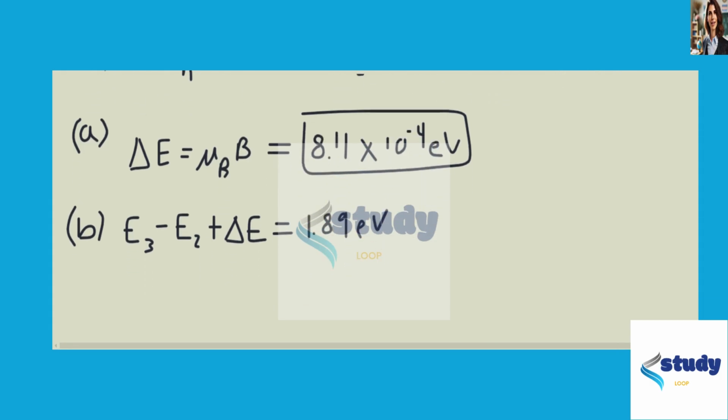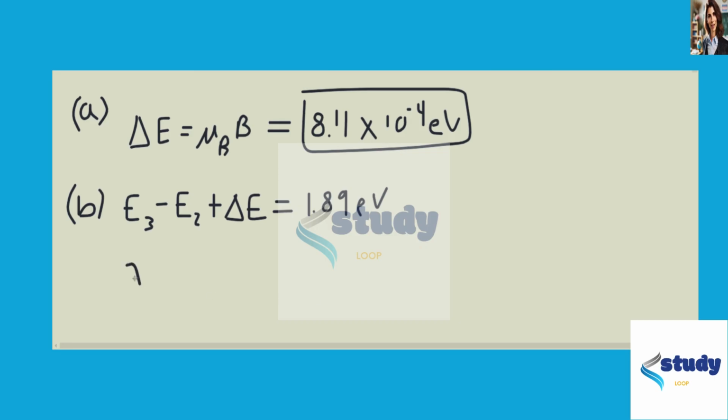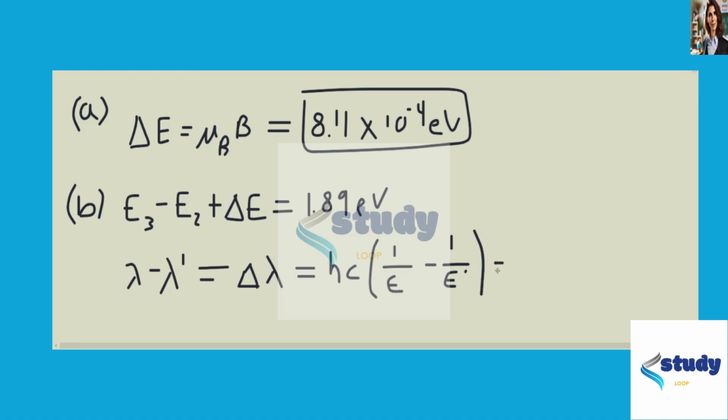So now that we know that, we can do the change in wavelength here. Lambda minus lambda prime is equal to delta lambda, which is equal to hc, because lambda is equal to hc over E. So we have hc times 1 over E minus 1 over E prime, or if we do some algebra, we can write this another way.